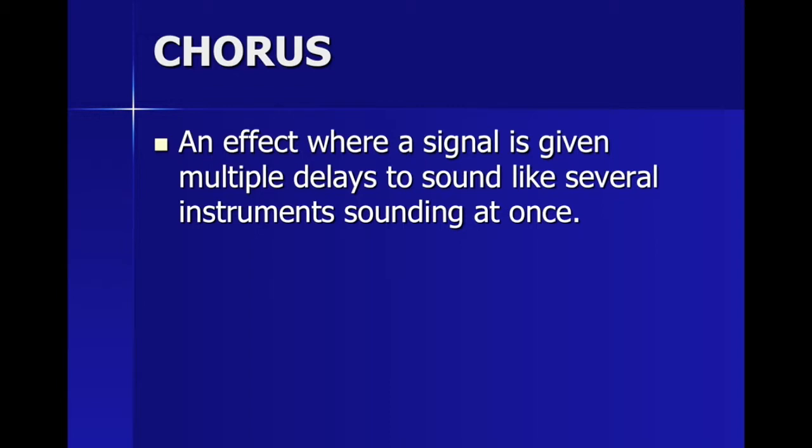And when you change the delay time on a signal, it automatically changes the pitch as the speed goes up and down. And then all of those delayed signals are fed back in and mixed with the original to create the sound of several instruments playing the same part.